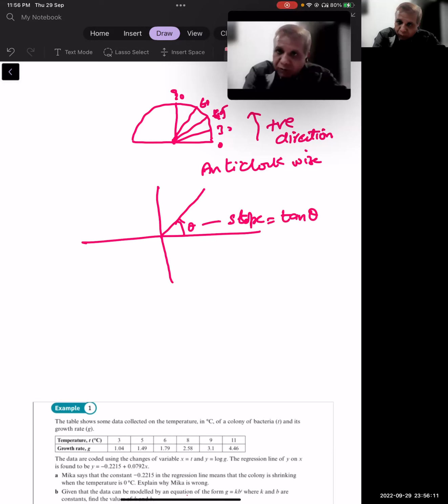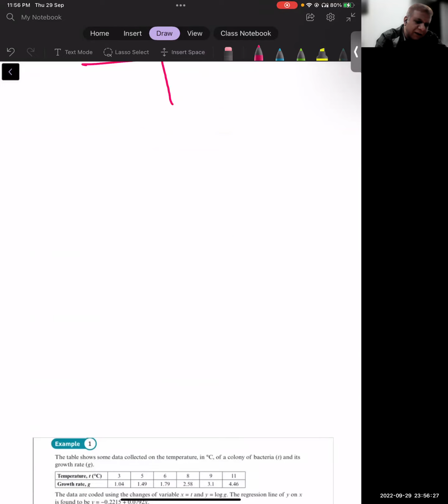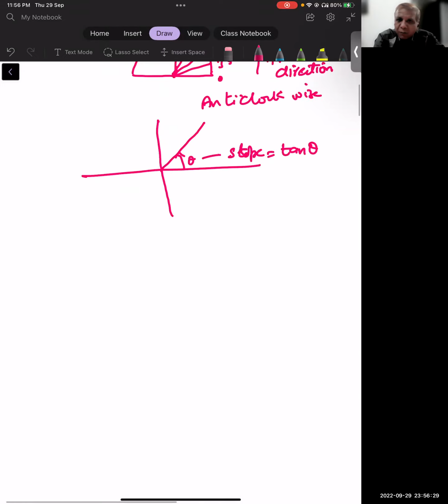Now the question arises, why only tan theta? And as you were telling me, the slope is y2 minus y1 upon x2 minus x1.